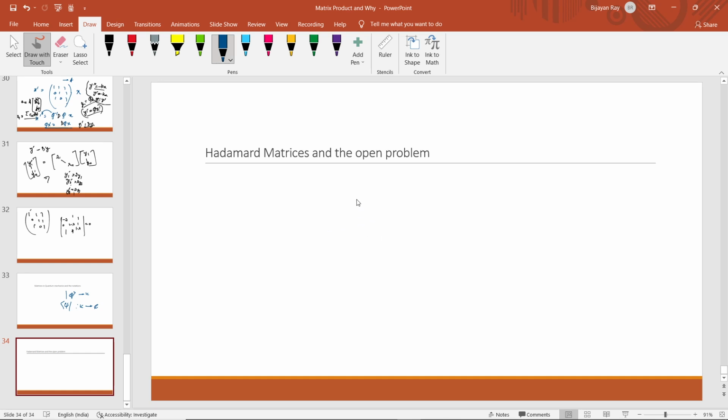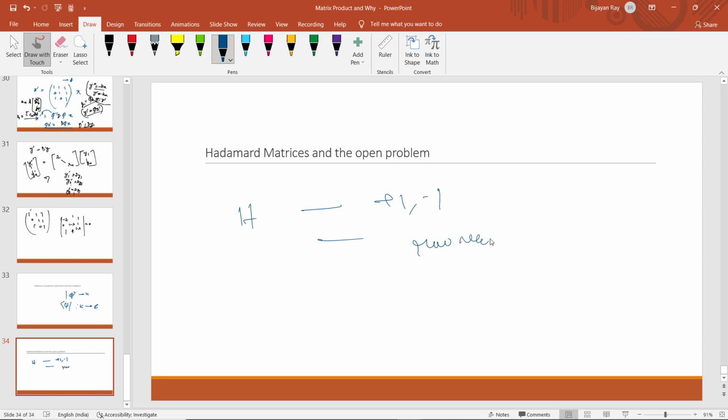So Hadamard matrices. Let's define: H is a matrix where all entries are of the form plus minus 1. Consider any row vector.